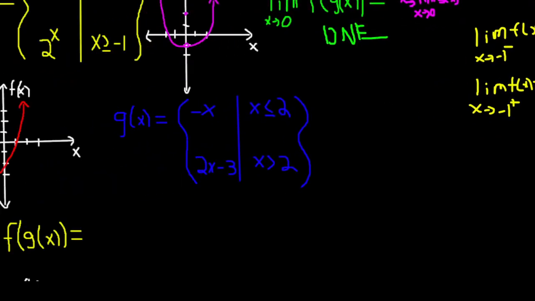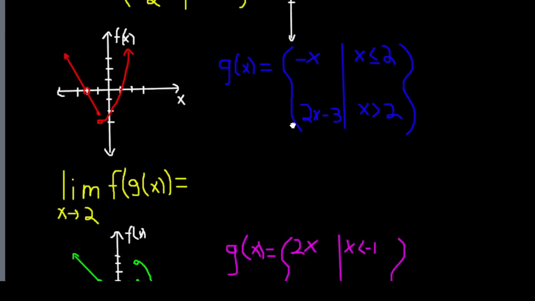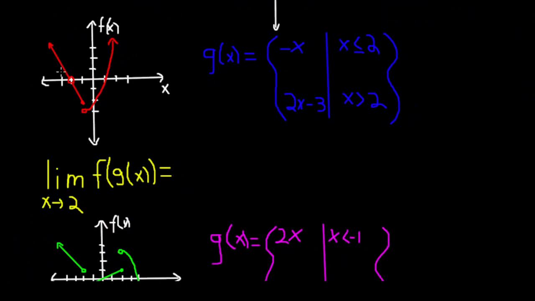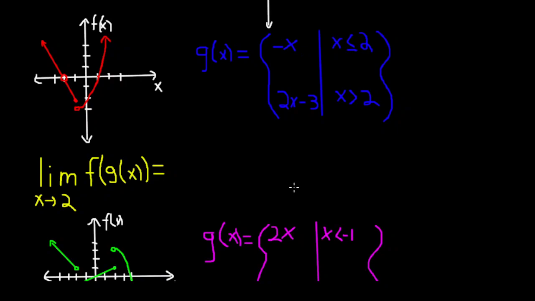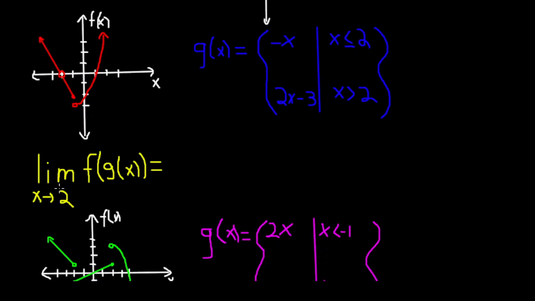Okay. Down here we got another one. All right, this one's discontinuous in both places. So what we're going to do is find the limit as x approaches 2 of f of g of x.